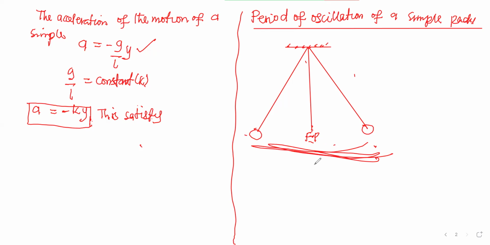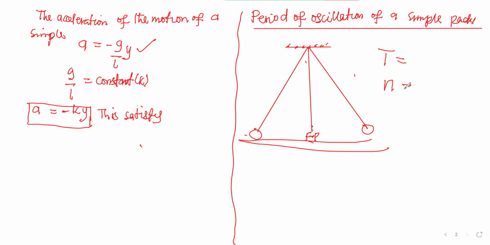So we count a certain number of oscillations, determine the total time for them, and divide by the number of oscillations to get the period. Let's count and time for 20 or 10.